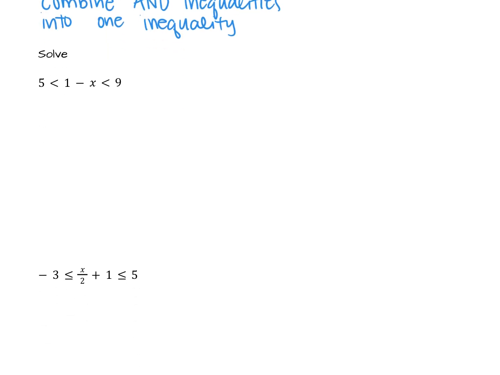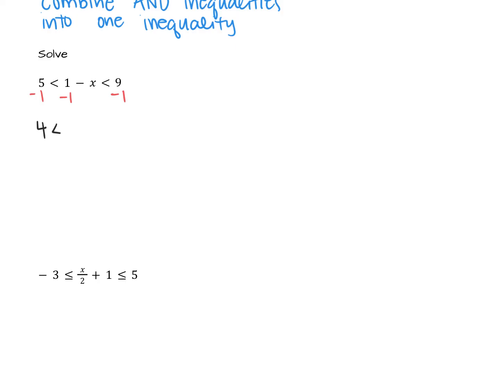So for our first example, we have 5 less than 1 minus x less than 9. So when you are solving a compacted form, what you do is you work to get x by itself from the middle. So you do whatever you can to get x by itself from the middle. So the first thing I want to get rid of is that 1. And I'm going to subtract 1 from the middle. And if I subtract 1 from the middle, I have to subtract it from both sides as well.